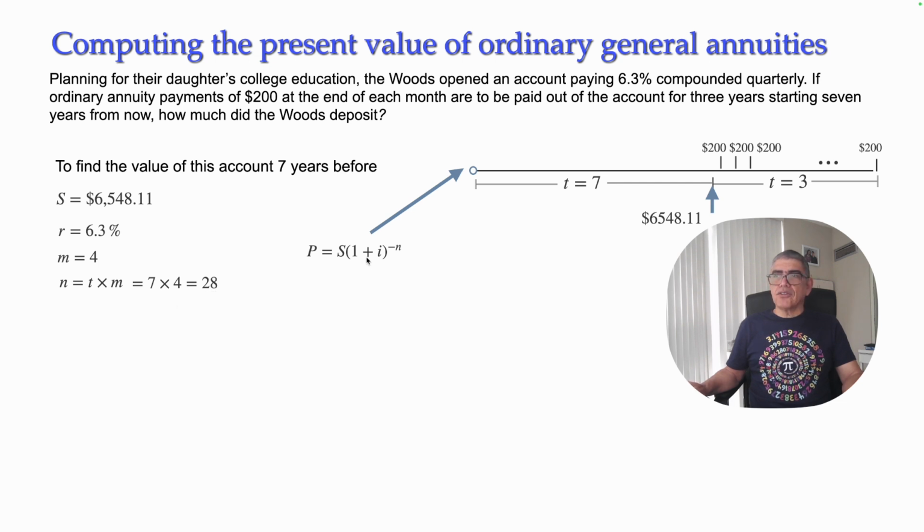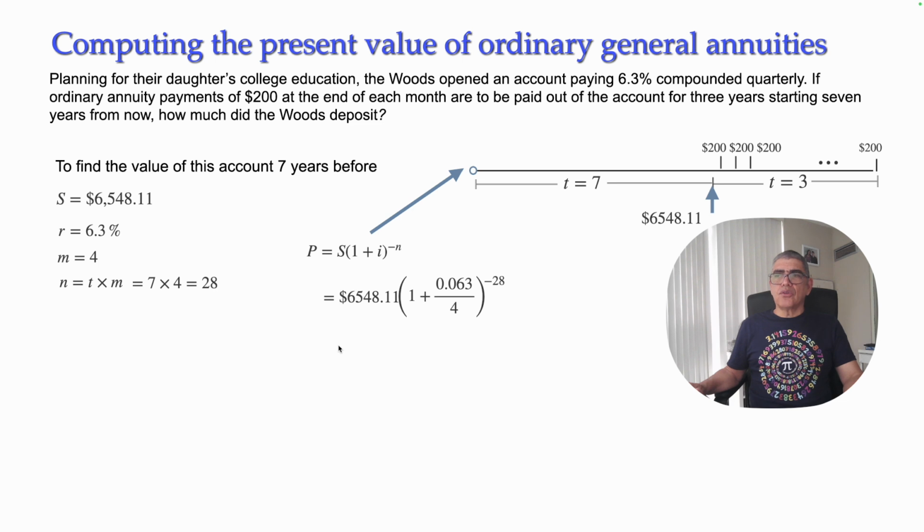If I make a substitution of everything in the formula, we know that the present value will be 6,548.11 multiplied by 1 plus 0.063 divided by 4, to the power negative 28. Again, use your calculator for doing that.